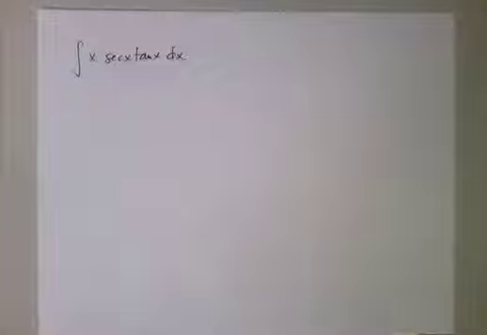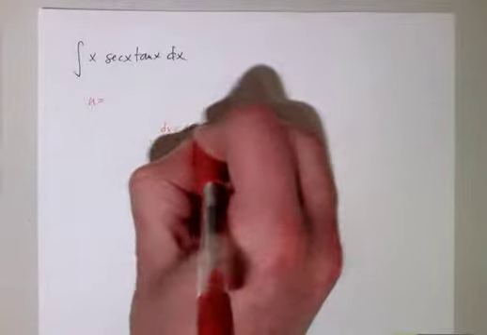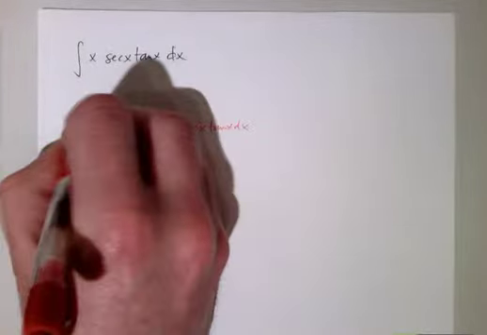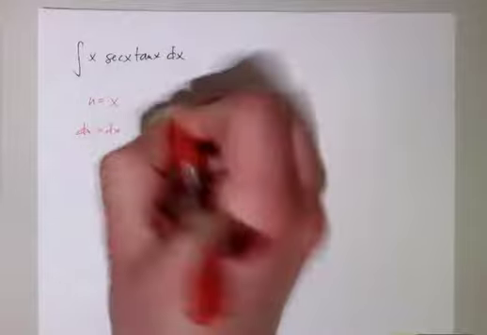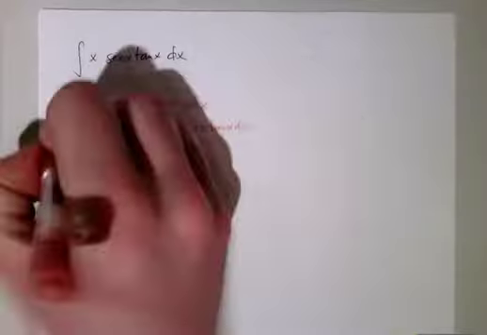Now, if we weren't schooled in all of this, this might actually look a little bit ugly, but we know that this is going to be integration by parts because it's two different classes of functions. Okay? And that's what we have here.